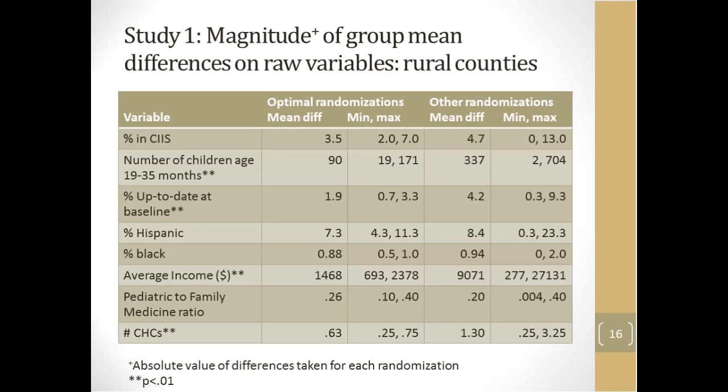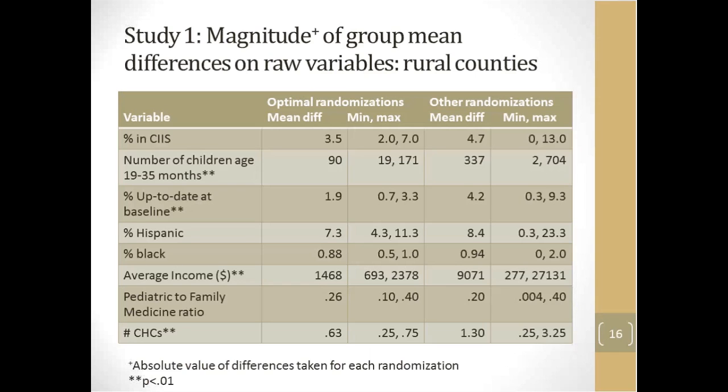In order to do that, we computed the magnitude of group mean differences on all the raw variables, taking the absolute value because obviously if you've got some positive, some negative, they're going to cancel each other out. And then I also wanted to look at the minimum and maximum differences on each of these variables to give us an idea of the spread.